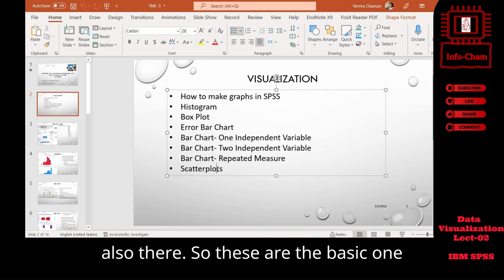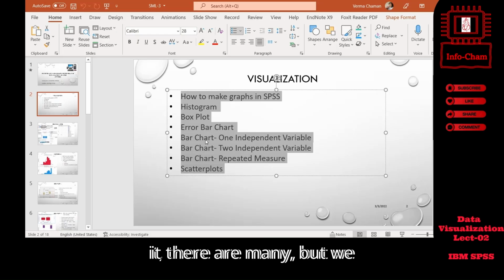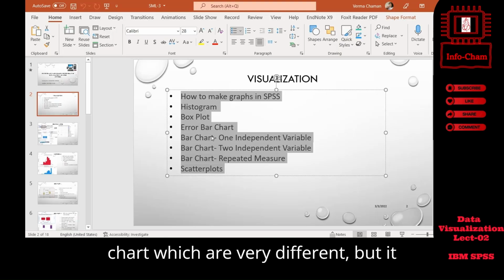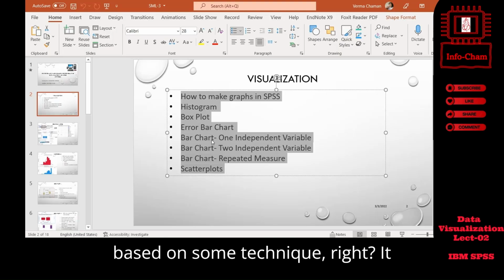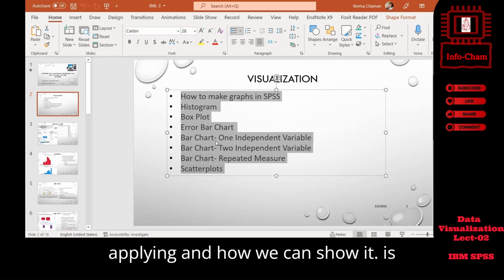These are the basic ones which I will discuss here, and apart from them there are many, but we will see them when we apply some statistical techniques in the next sessions. Some charts are very different, but they are based on the method we are applying and how we can show it.